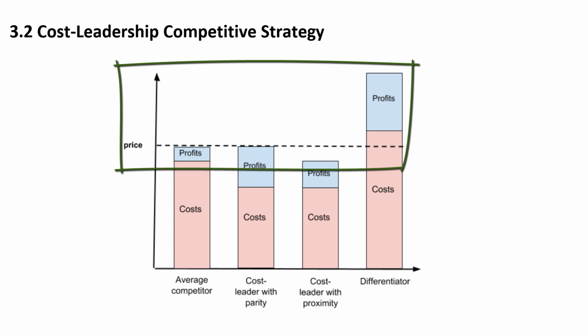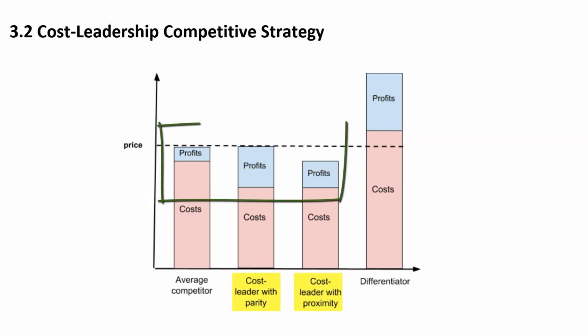What is of our interest more are the two cost leaders, out of which the one with parity offers higher price. The thing is that this cost leader achieved parity or equivalence in his product offering to the average competitor. His product is cheaper to produce and equally good as the product of the average competitor.